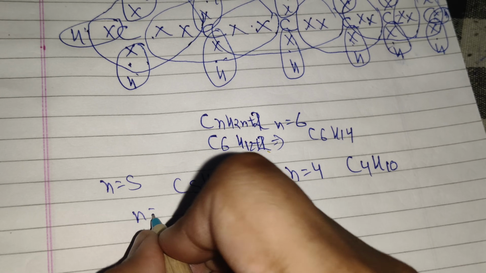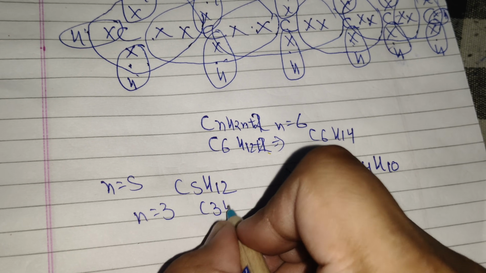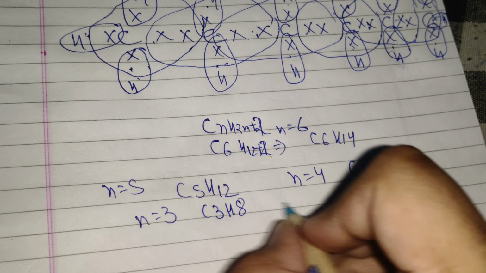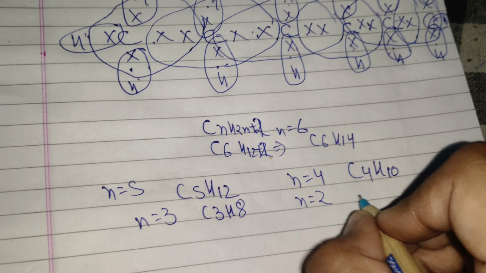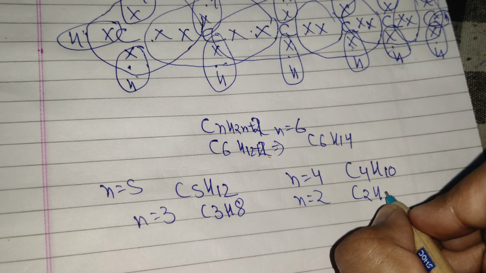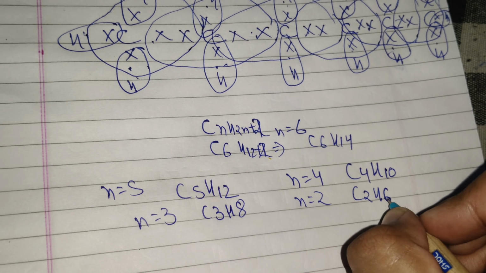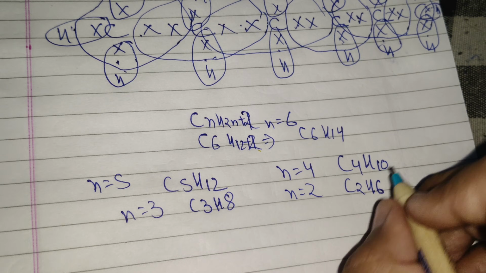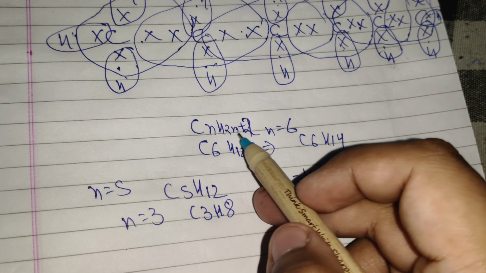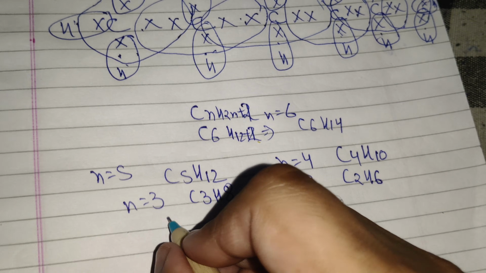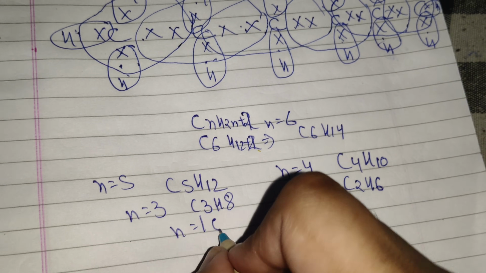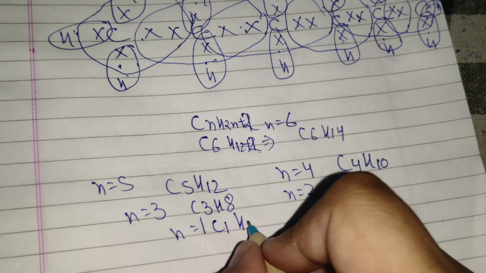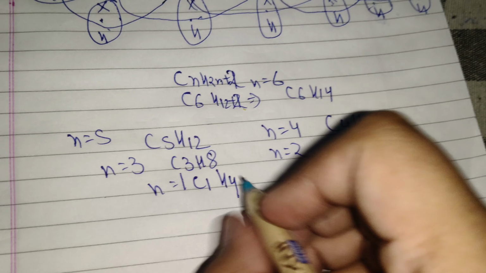For n equals 4, that is C4H10. Now n equals 3, C3H8. For n equals 2, C2H6, because 2 times 2 is 4 and plus 2 is 6. For n equals 1, it is CH4.